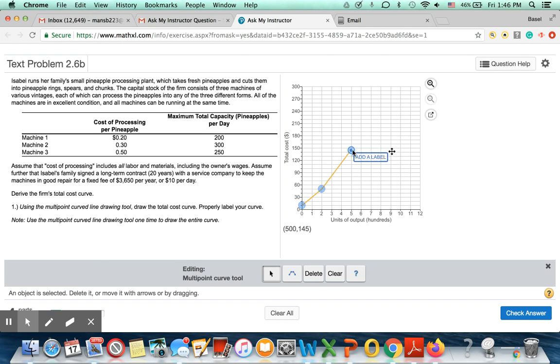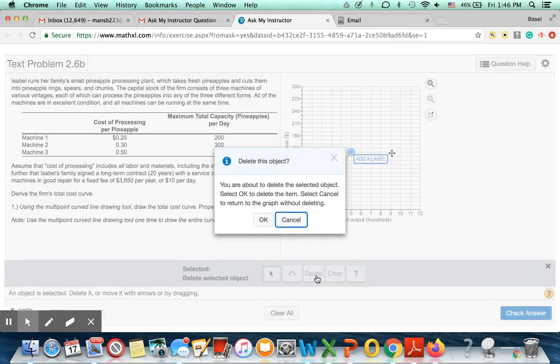Okay, it should be 140. Okay, let's just delete it and do it again.